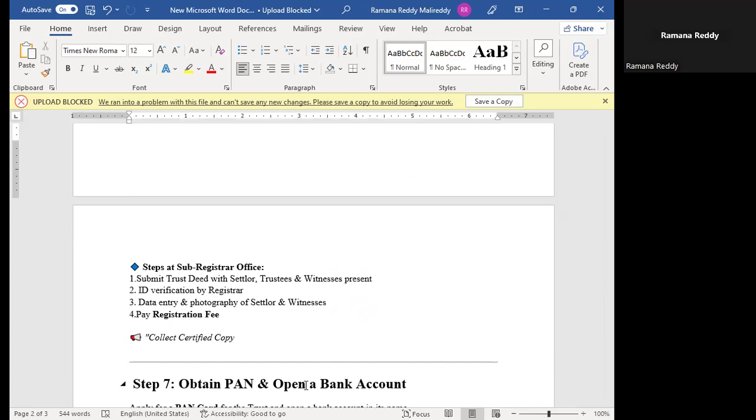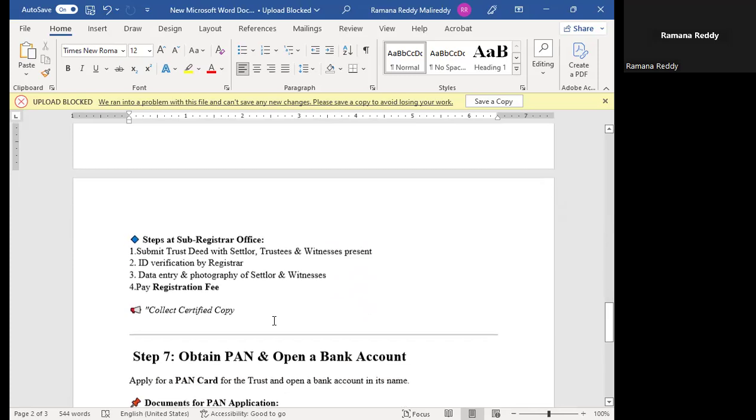ID verification will be done by the registrar, and data entry and photography of settlor and witnesses. Then pay registration fee. Then after that collect a certified copy. That also depends on the sub-registrar office. Within 2-3 days you can collect the certified copy.